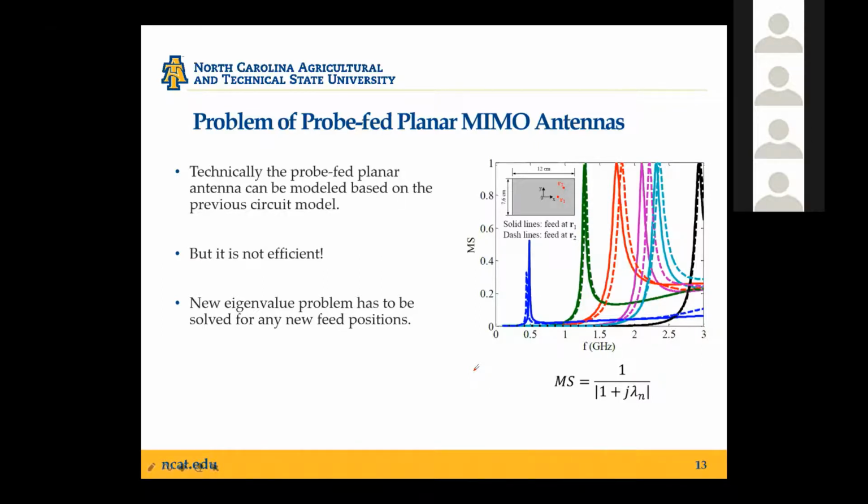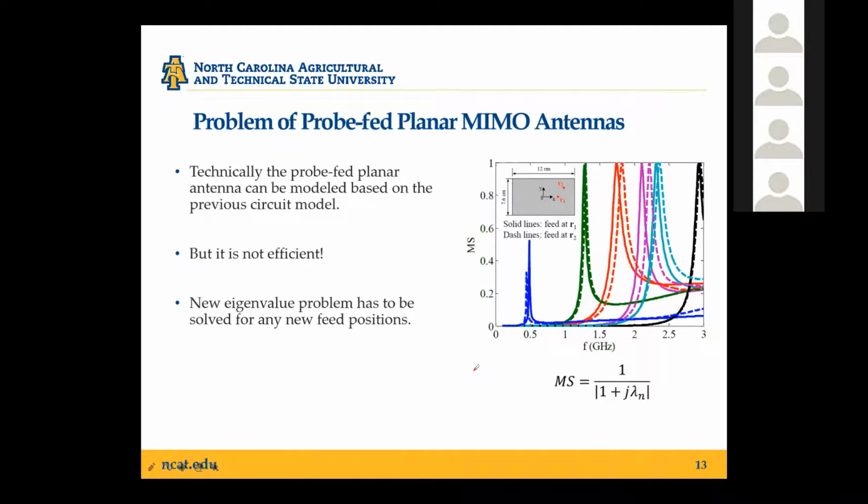For example, let's say you specify two ports on the patch antenna, you calculate the characteristic modes, you develop the circuit model, and now you say, I want to know the response at a different set of feed locations. Unfortunately, the modal spectrum is different, so you have to rerun the characteristic modes to find out the modal expansion or modal basis for that case.